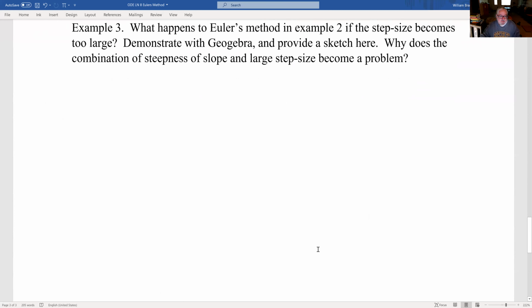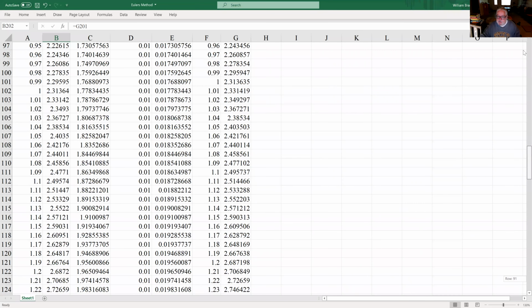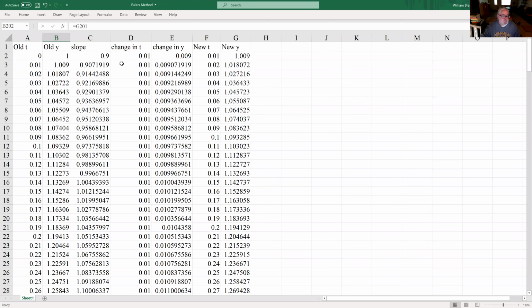I'm not actually going to demonstrate with GeoGebra, but I am going to go back to Excel. There it is. And say, well, what happens if we make the step size really big?